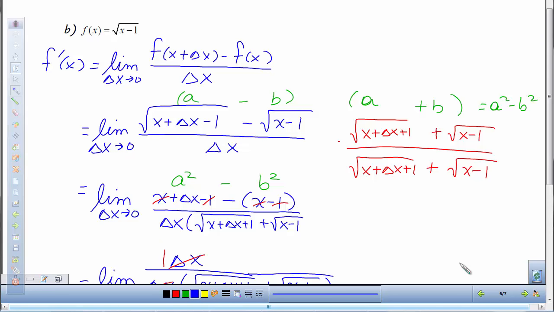Okay, so I see where I made a small error, but an important error, an error nonetheless here. My conjugate should have been the square root of x plus delta x minus 1. I didn't need to change this to a plus. That can stay as a minus.